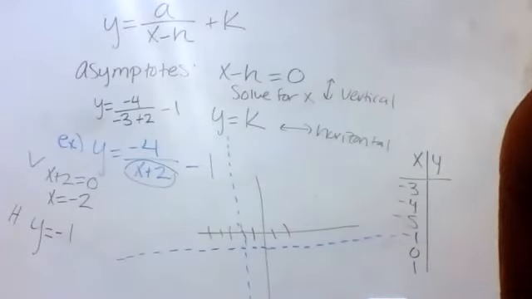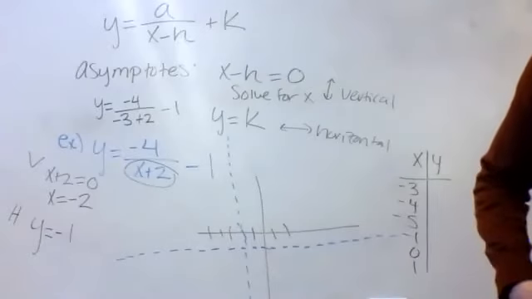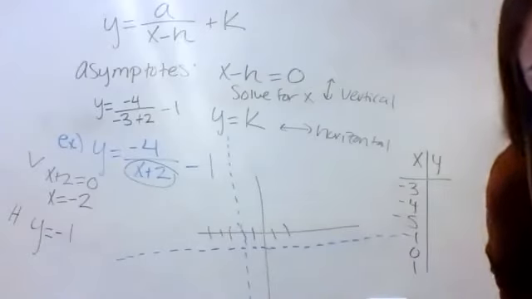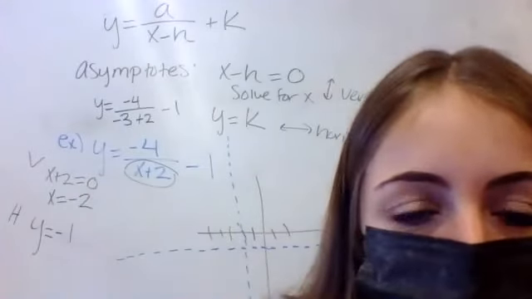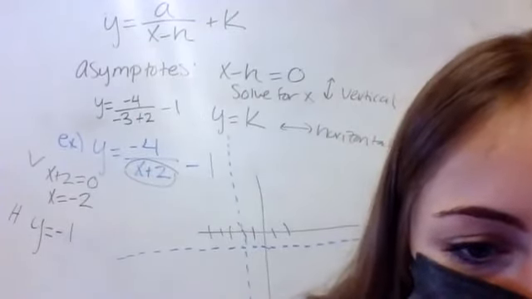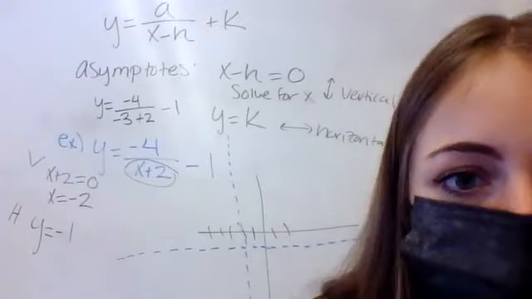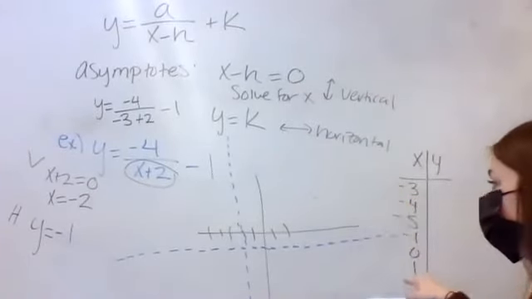I have a question. Miss Norman. Yeah. Well, I'm confused where we're getting the -3 from. So the -3 is coming from our XY table.